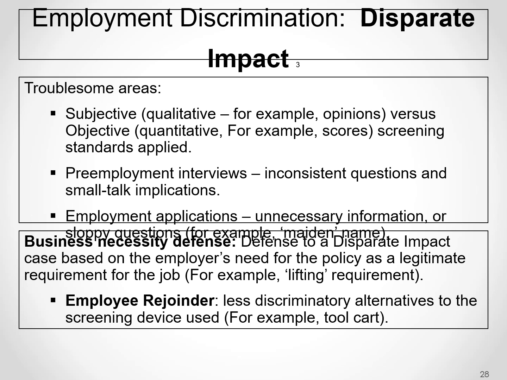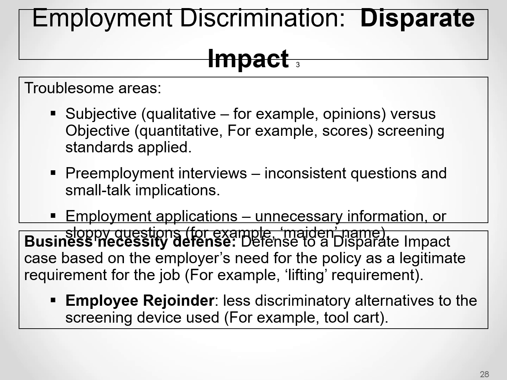So in employment discrimination, disparate impact, what's the defense from the employer? Well, one of the areas we're going to address in the issue of disparate impact of screening devices is where subjective and objective criteria are concerned. Objective criteria are the factors that are able to be quantified by anyone, like a written exam score.